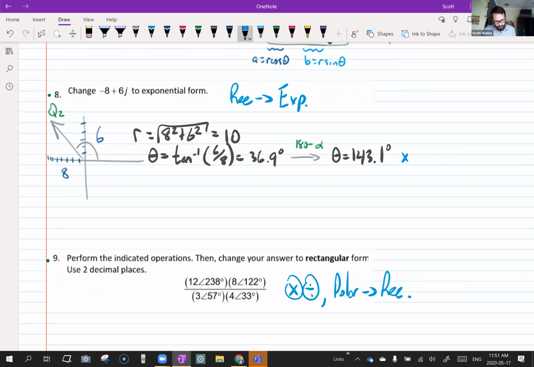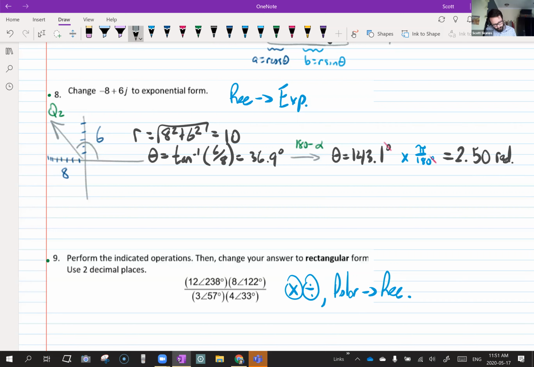Multiply by pi over 180 this time, because I need to delete the degrees. The degrees need to be canceled. And now I have what I need. So multiply by pi over 180 gives me 2.5 radians. Once again, why did I need radians? Because exponential form takes radians.